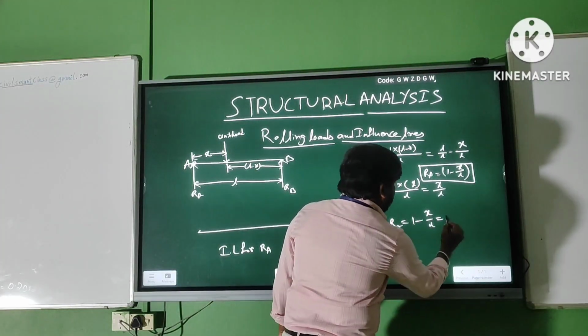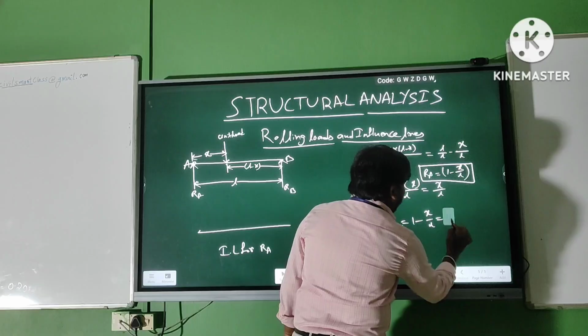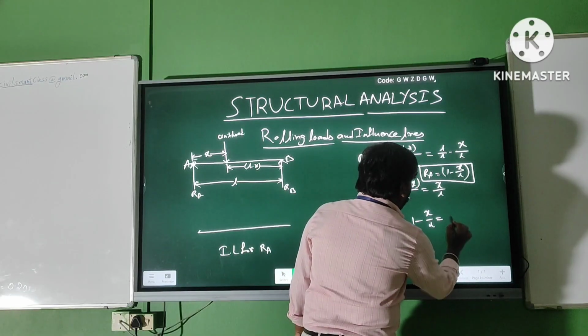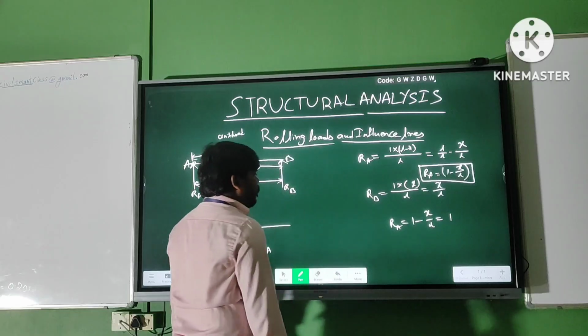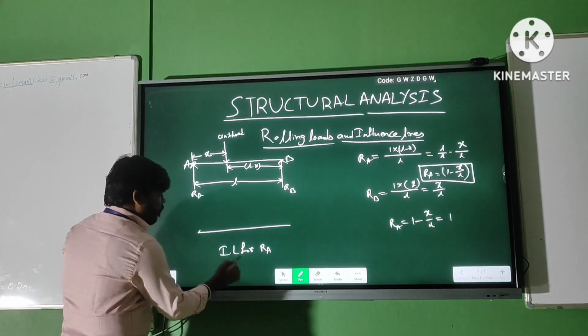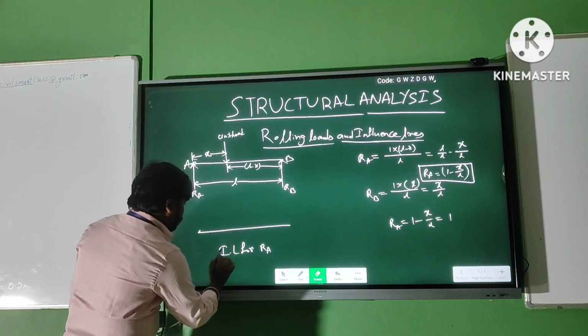1 minus X by L. If we substitute 0 here, we will get 1. Here we can draw 1 like this.